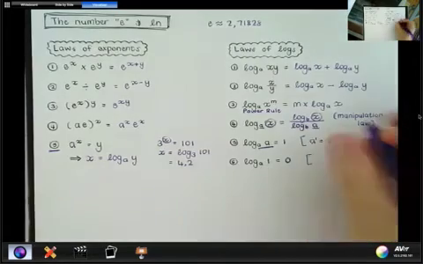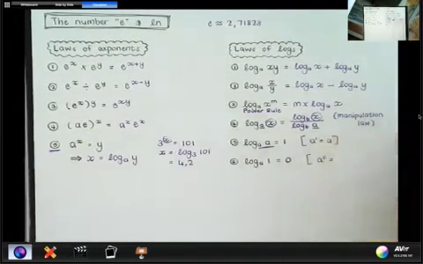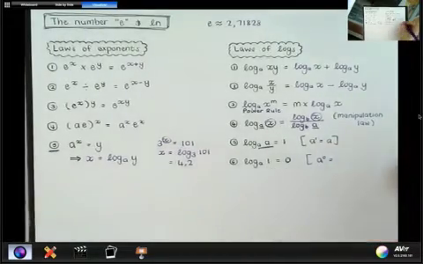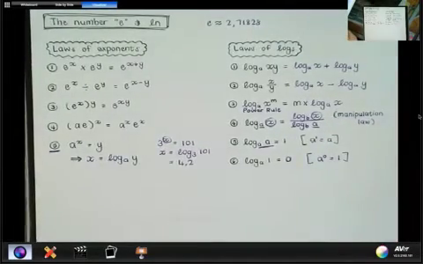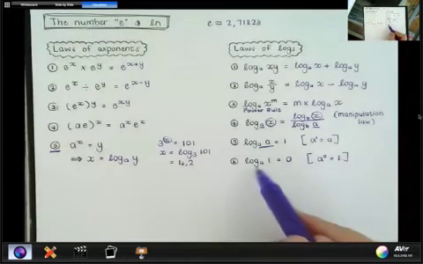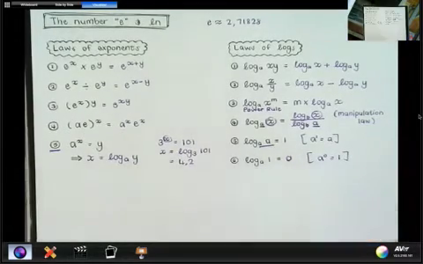The base of the log becomes the base of the exponent. So a to the 0. And we all know that a to the 0 is equal to 1. So moral of the story, you can have any base there. If the number following the base is 1, then the answer will definitely be 0.